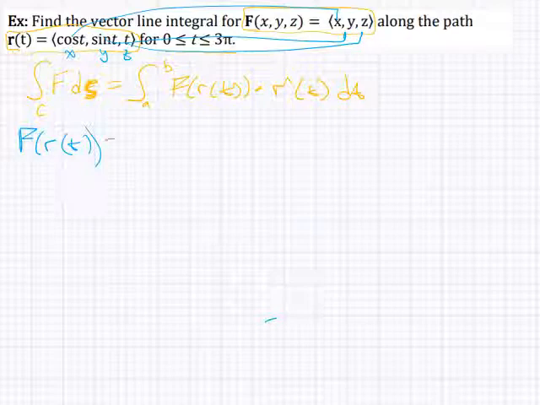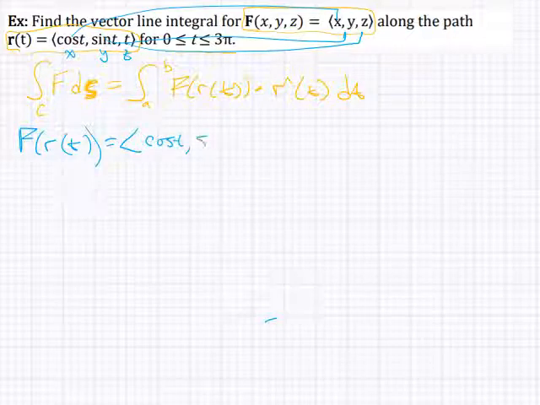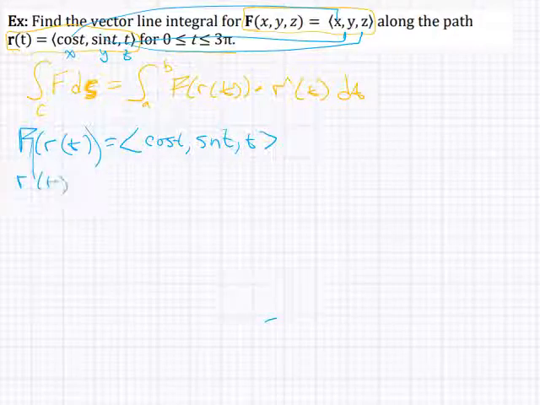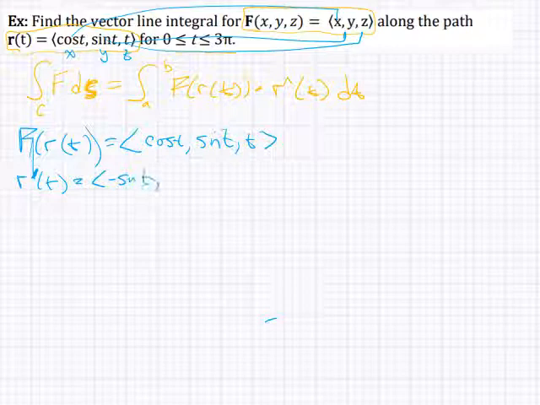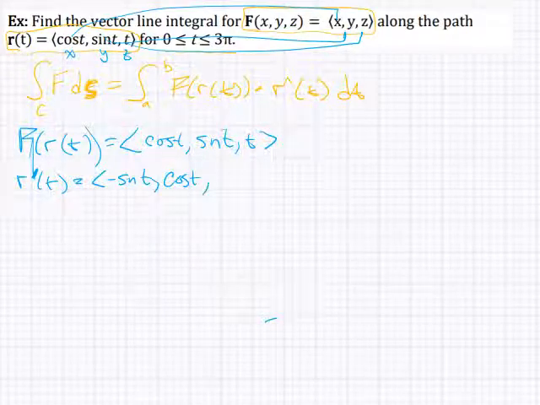In this case, since x, y, and z are the three components, we just get cosine t, sine t, and t. Then we need r prime of t, which again should be really easy to find. So we're going to get minus sine t, cosine t, and 1.